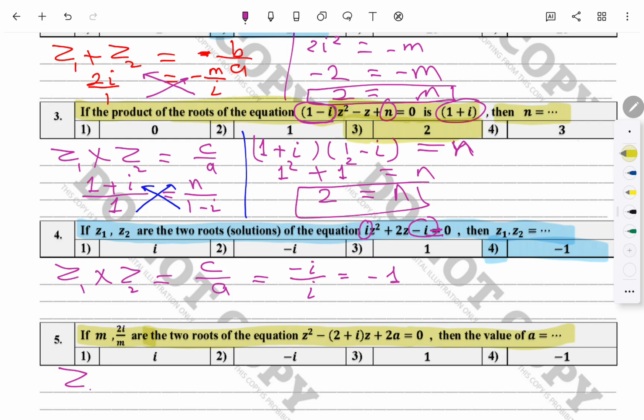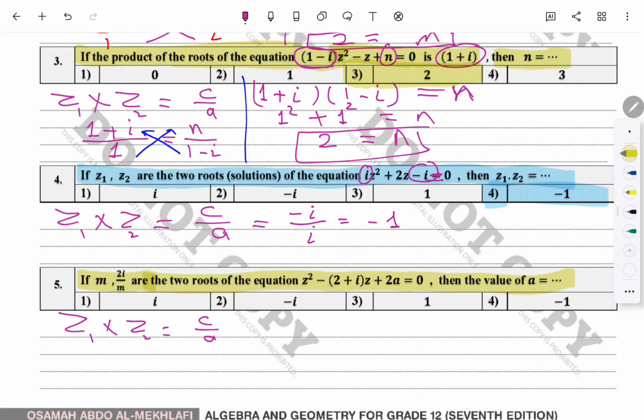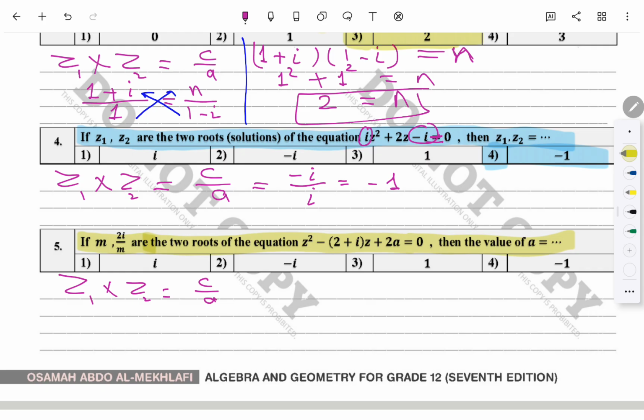So look, z1 times z2 equals c over a, and z1 is m, z2 is 2i over m, equals c, the constant term, which is 2a, divided by a, which is 1 here because nothing is written beside z squared.